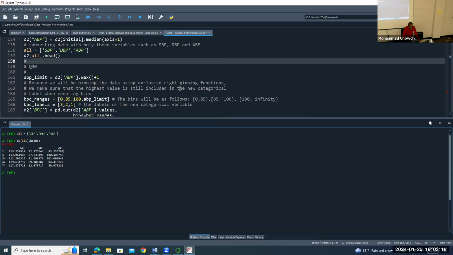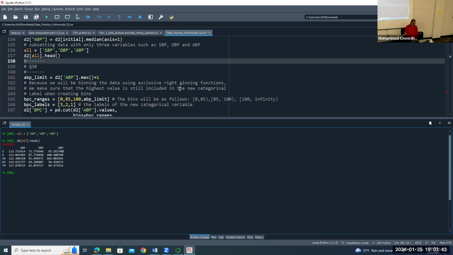Now, let me explain how I have to do this. Line number 161 finds the maximum: go to the ABP values of the D2 data and find the maximum of that. Within the maximum, I am adding one unit.